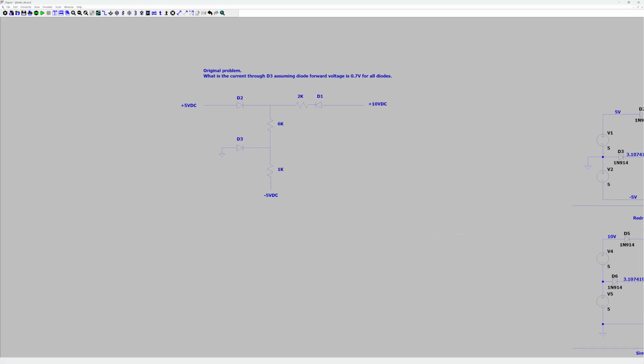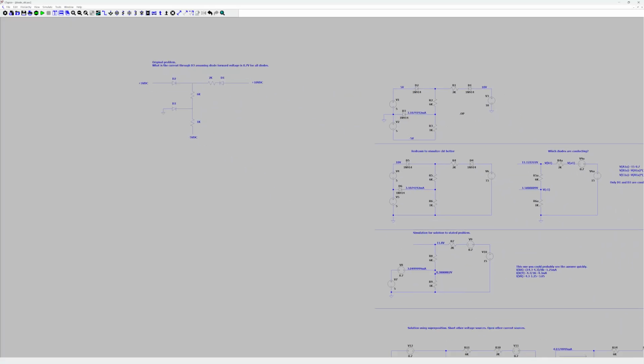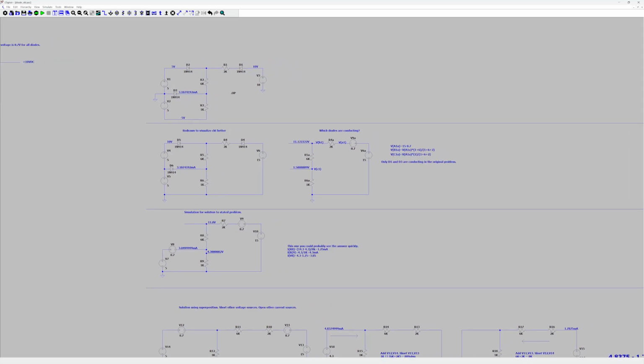I just thought when I saw this online that it might make an interesting, not too difficult circuit to talk about these different methods for circuit analysis.